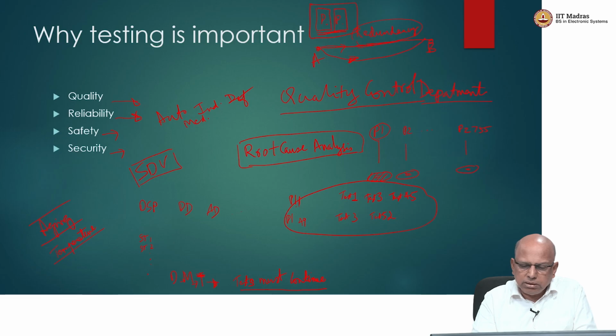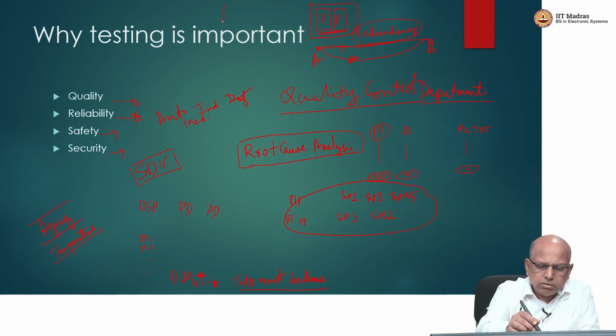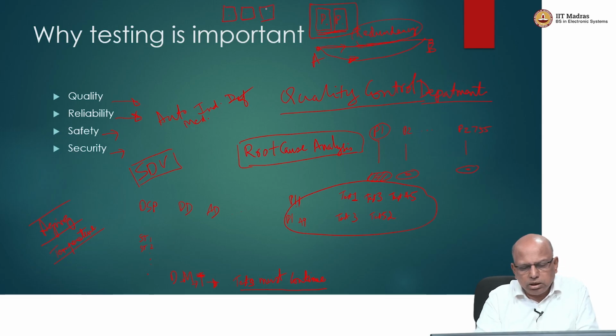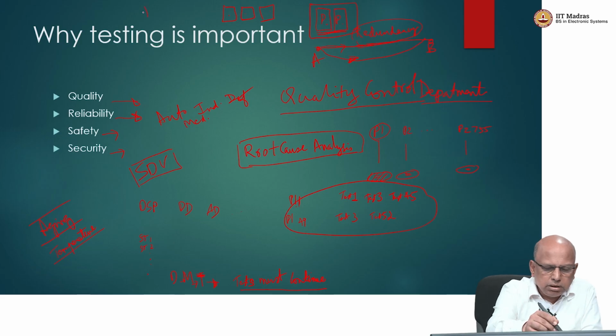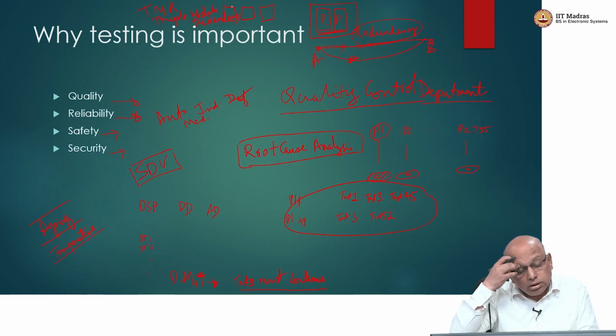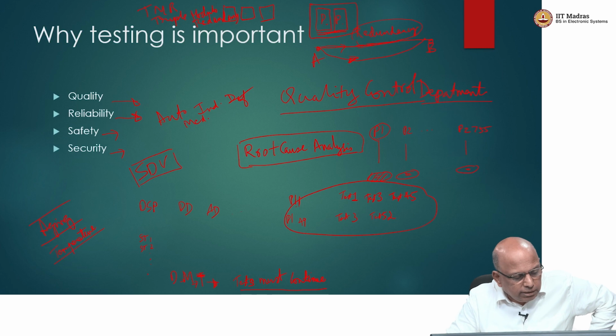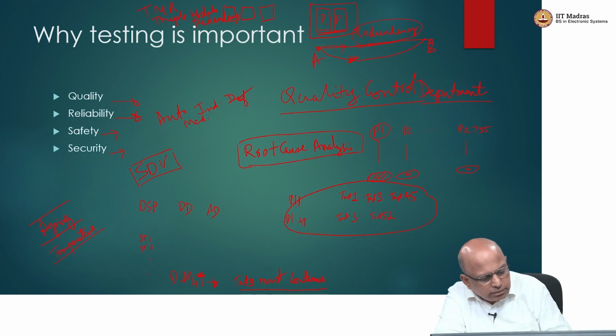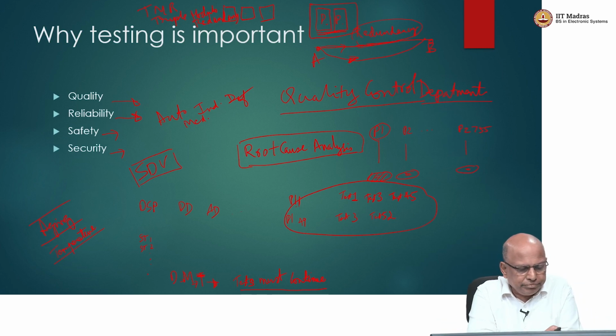Sometimes for this reason they may also use 3 processors or 3 electronic modules. That is called triple modulo redundancy. So, if you have used 3, then you can use a voting system, right.